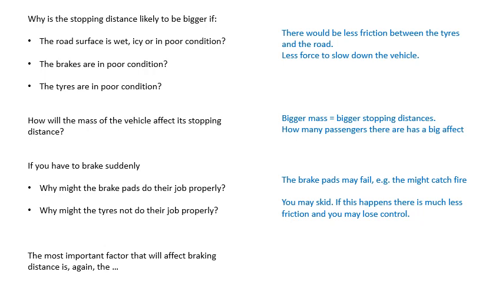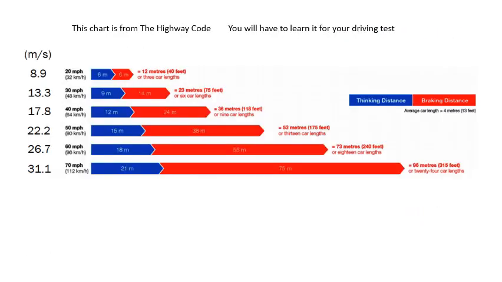However, the most important factor that will affect the braking distance again is the speed of the vehicle. If you're asked to write a list of things, don't forget the speed of the vehicle. For thinking distance, for braking distance, for both of them, the speed of the vehicle. When you do your driving test, you actually have to learn this chart.